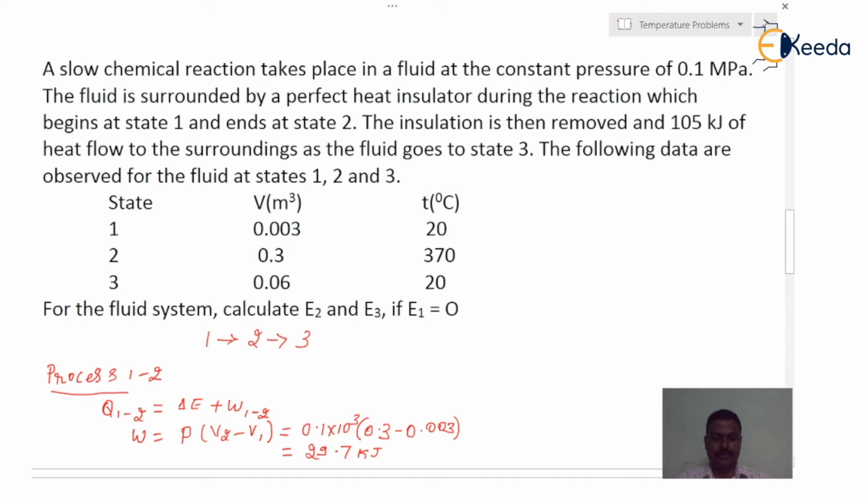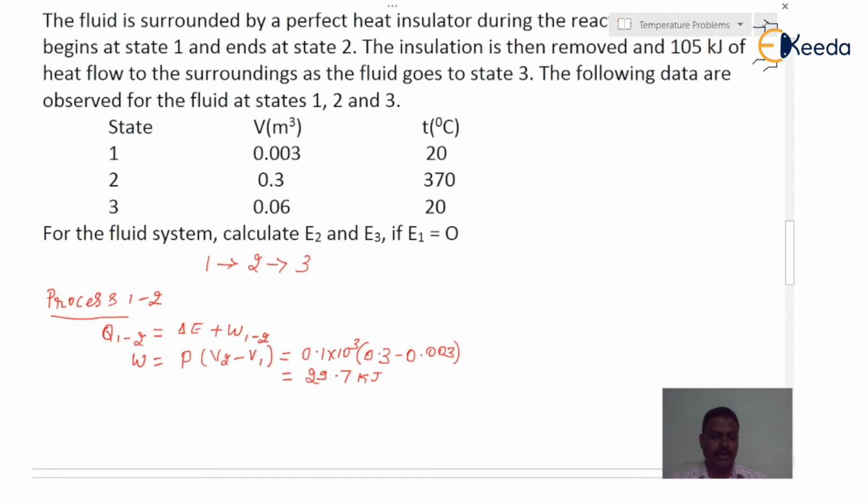Now let us substitute this work done value into the first law of thermodynamics expression. As I already told, it is an insulator, so there will be no heat interaction between the system and surroundings in the process 1 to 2. So Q1 to 2 is 0, equal to E2 minus E1, the change in internal energy, plus the work, which is done by the system, 29.7 kilojoules.